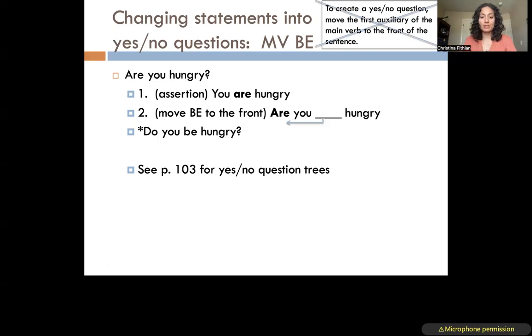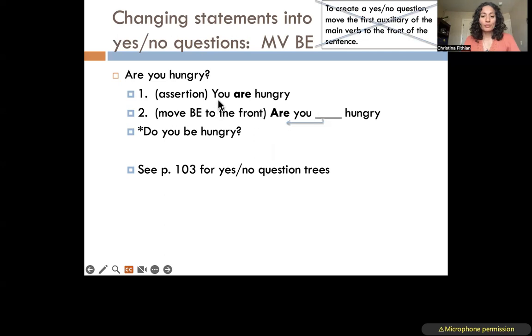Once again, I'll remind you that in some dialects, yes, this is absolutely grammatically acceptable because it plays by the rules. But in standard American English, the English that I'm speaking right now, main verb be does not play by the rules. It's an exception to the rule. And so we have to actually move main verb be to the front of the sentence. And that's what's considered grammatically acceptable. It's outside of the system.